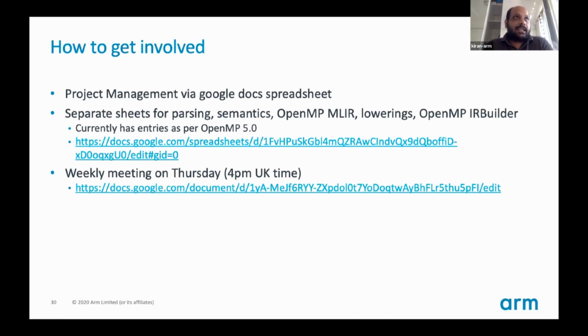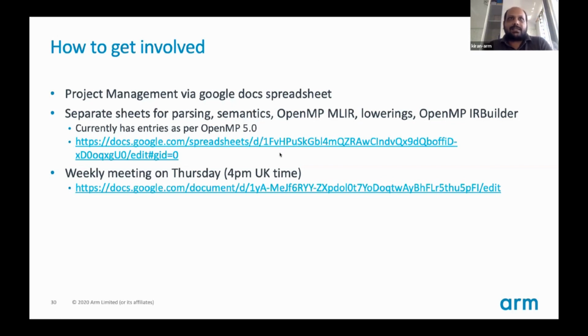The final slide that I have for today is how to get involved if you're interested. Most of the project management for this work is done via a Google Docs spreadsheet. The spreadsheet was initially started just for the OpenMP IR builder, but subsequently we have added sheets for all the stages of the OpenMP compilation flow. Most of the entries are as per the OpenMP 5 standard, and there are separate sheets for all the stages. There's a pointer I have placed in this slide.